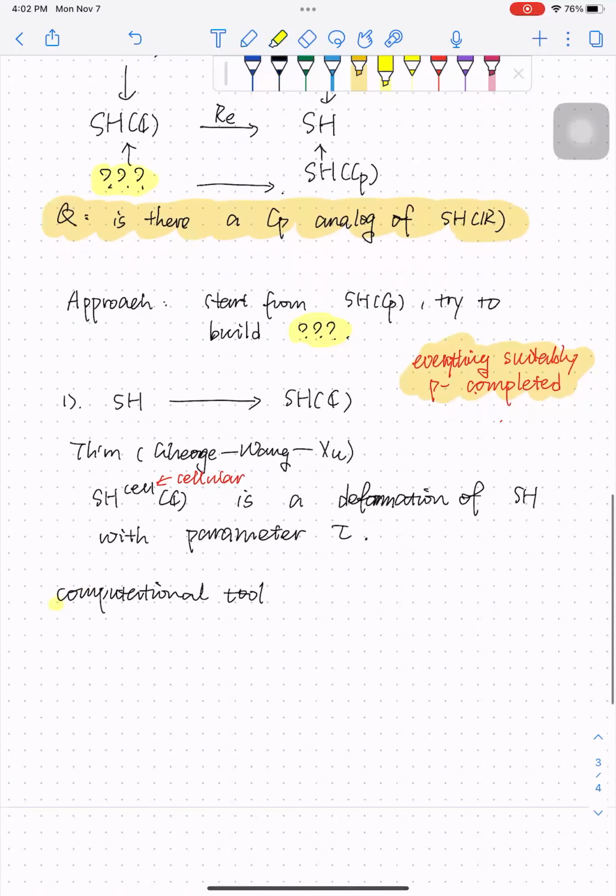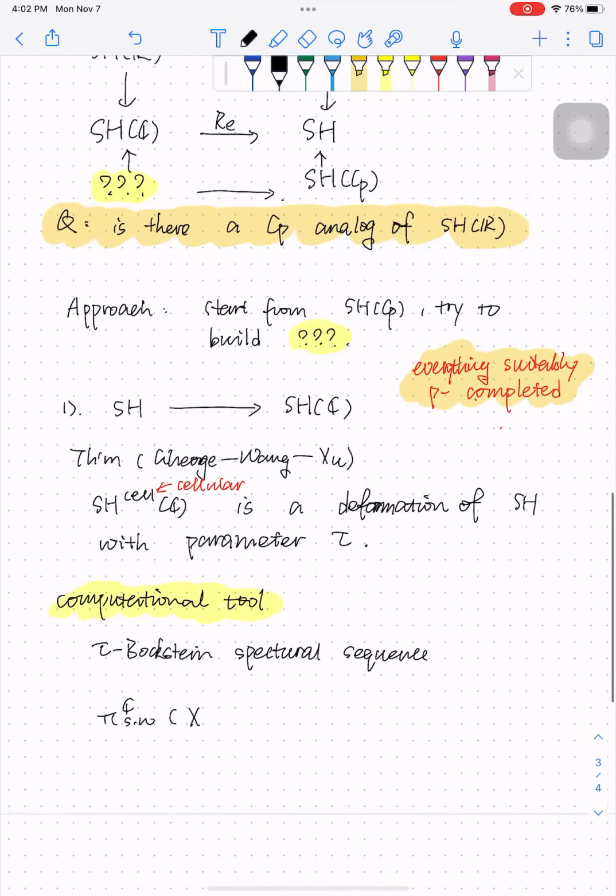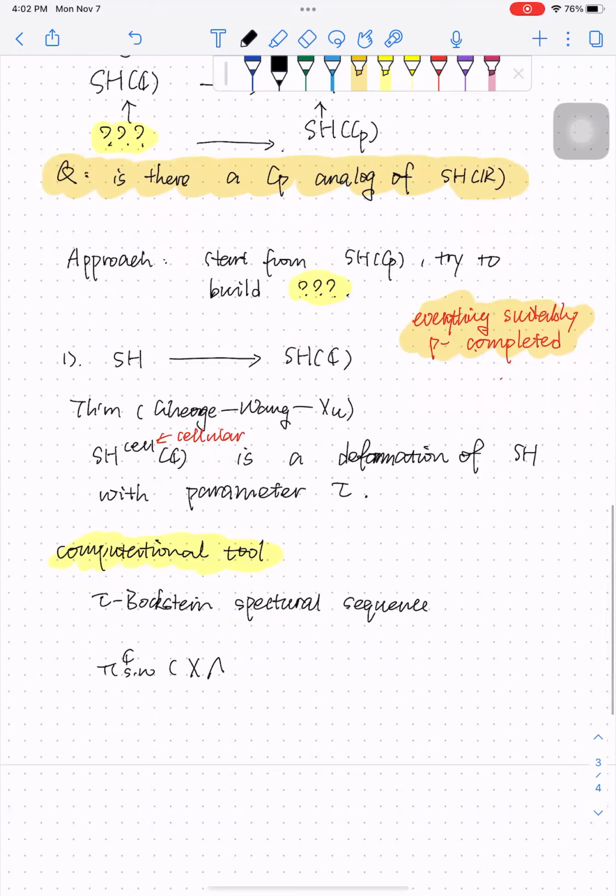So one computational tool out of this theorem is that we can think about the tau Bockstein spectral sequence. It has the following form. You start with the C-motivic homotopy groups of a C-motivic spectrum smash with C tau.